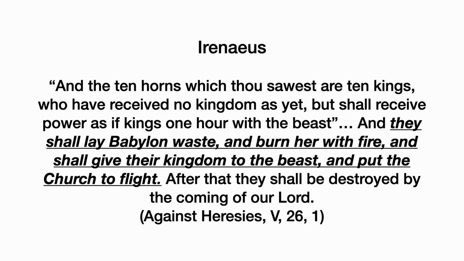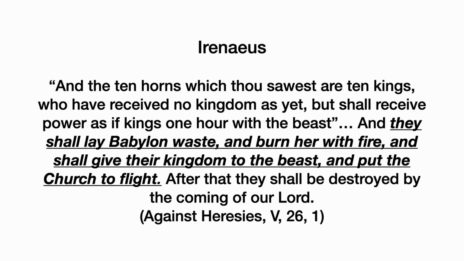So here's Irenaeus in his book Against Heresies. He says, "The 10 horns which thou sawest are 10 kings, who have received no kingdom as of yet, but they shall receive power as if kings 1 hour with the beast." So he quotes the book of Revelation, and then he goes on to say this, and they, who's they?